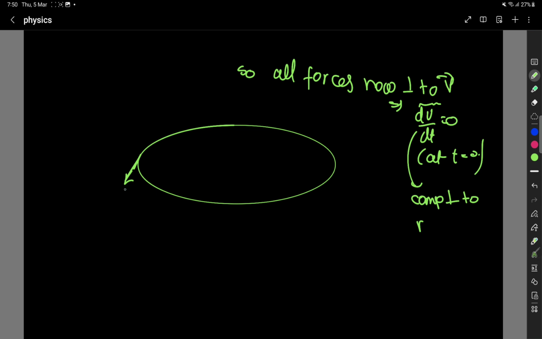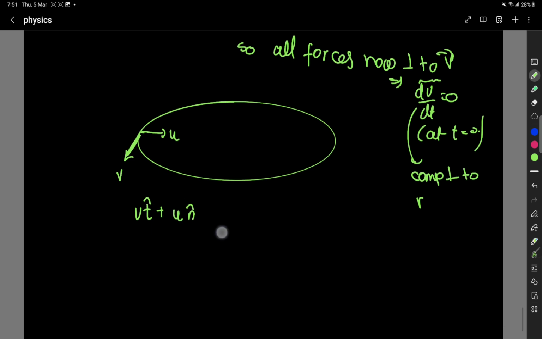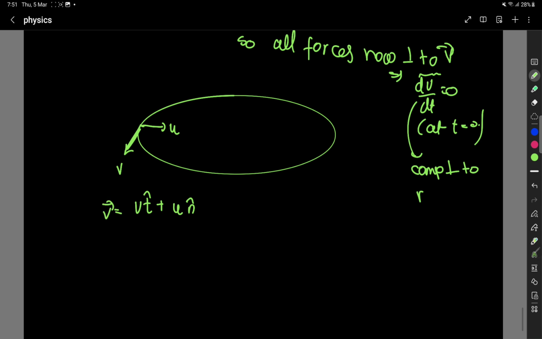See, at any given time we'll have something of this form intuitively. This will be v along t cap plus u along n cap, and n cap is normal. The velocity vector can be written like this.